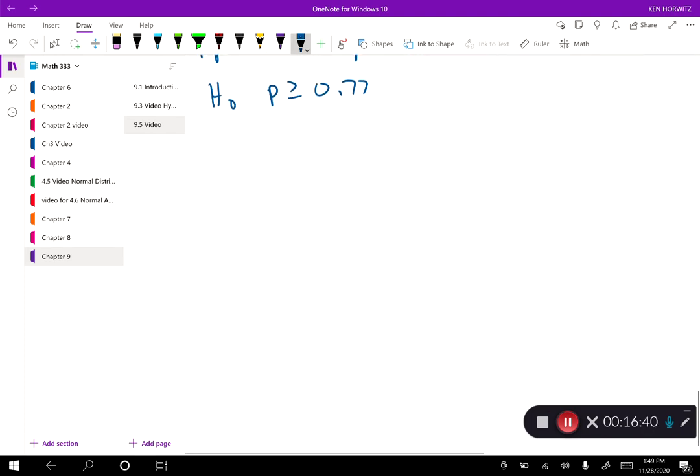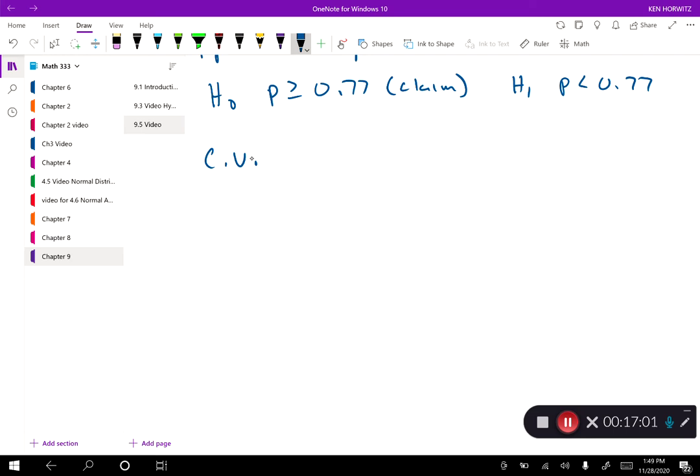All right, so once we saw that, we knew that that was our null hypothesis, and this is also our claim. And my alternative is that my proportion is less than 0.77.